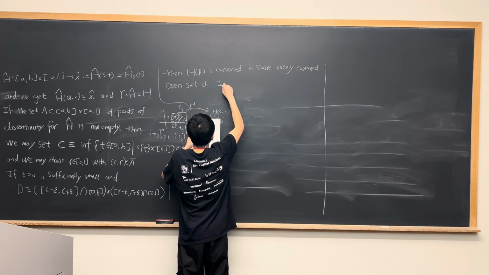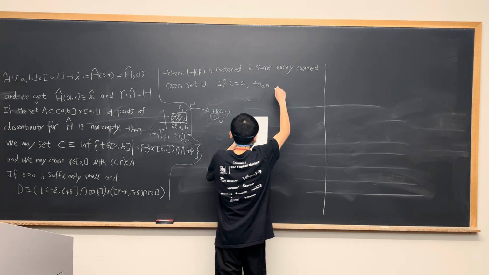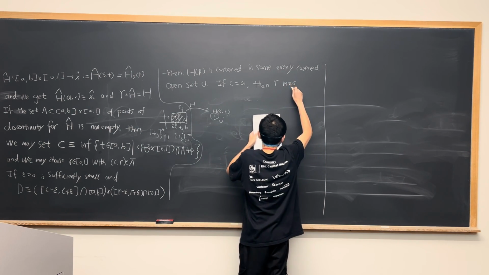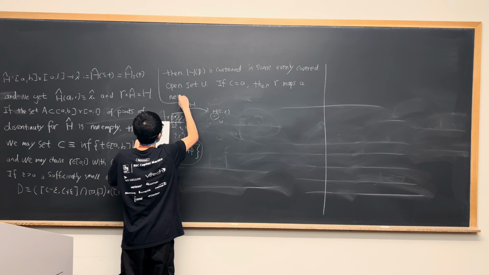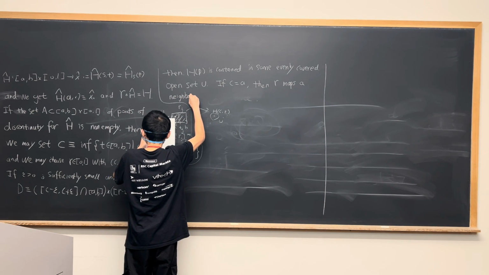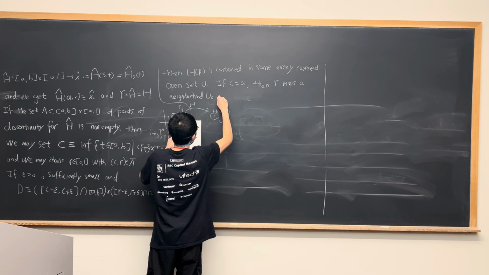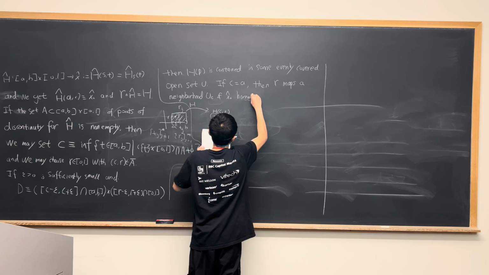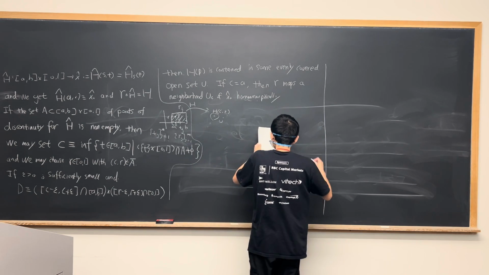So if C equals A, then we have that this R maps a neighborhood U naught of this X naught hat homeomorphically onto U.